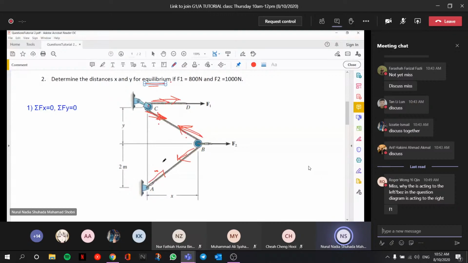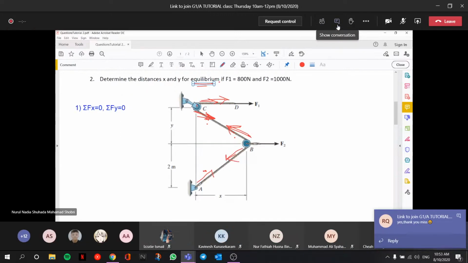So for any forces that share the same pulling cord like this one, at each point the directions of the forces should be opposite to each other. Do you get it? Are you clear? Okay, so we continue.